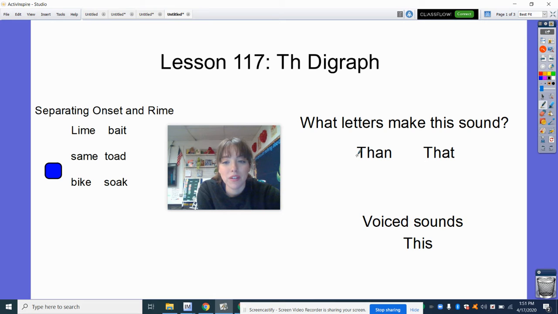The first two letters make the th sound. So remember, when two letters come together to make one sound, that's a digraph. So digraphs we code with an underlined line. So we know the T and the H are coming together to make one sound.